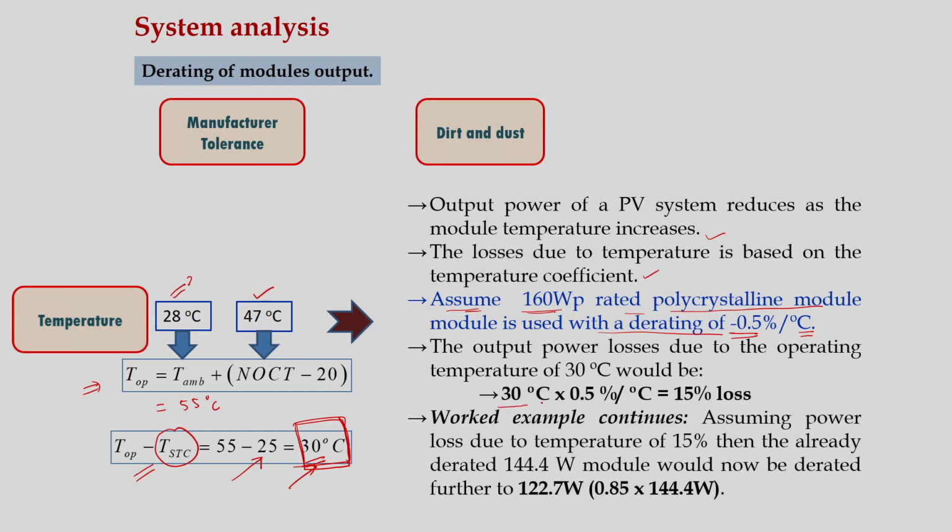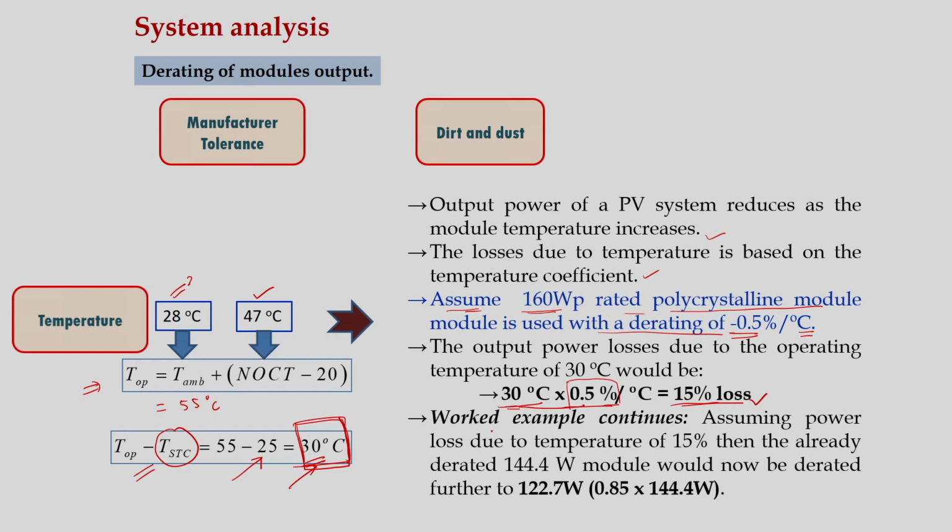So, how will the performance vary? As you understand, per degree increase in temperature, there is a reduction in efficiency of something like 0.5%. So, if we multiply this 30 with this 0.5%, about 15% losses will be there.